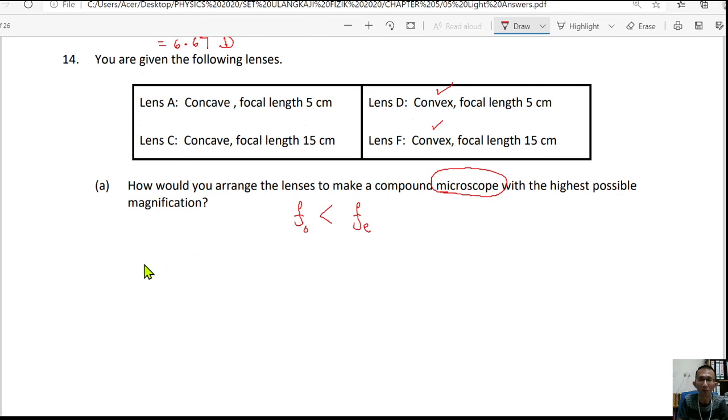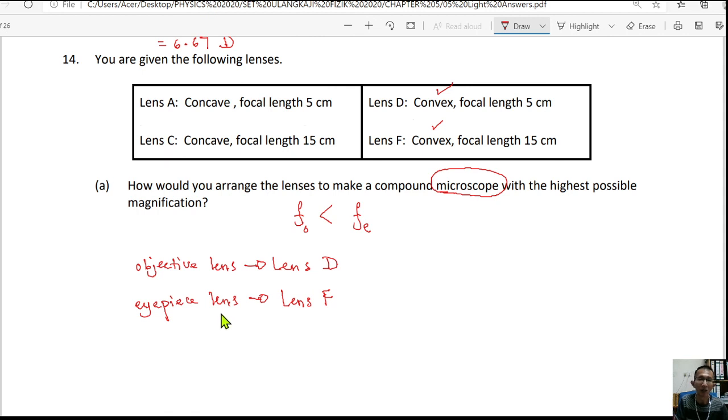For the objective lens, I must use the smaller one, that will be lens D. And for the eyepiece lens, we are going to use lens F. Right? Follow. So D as our objective lens and F as our eyepiece lens.